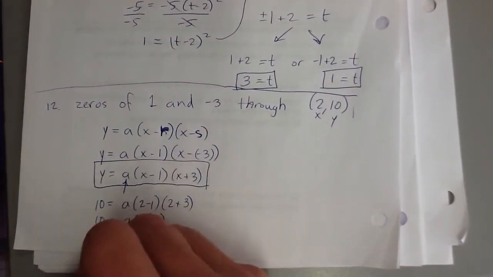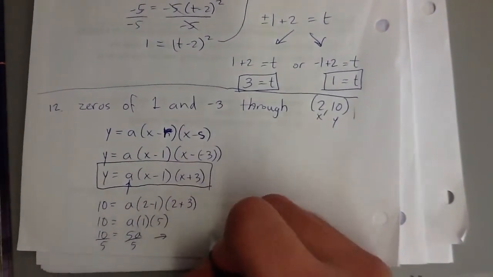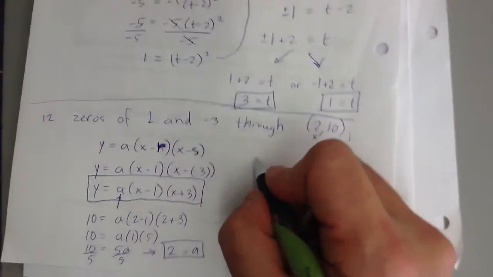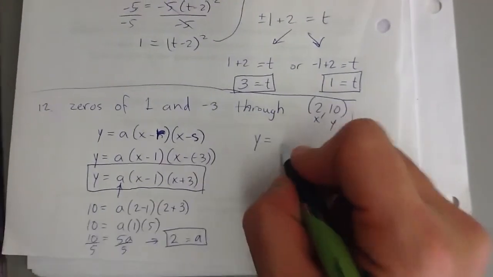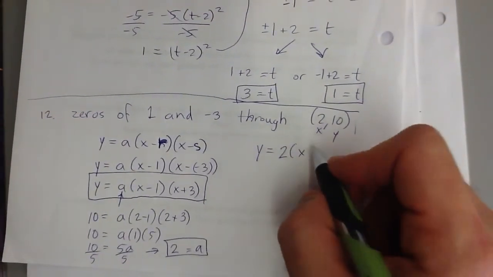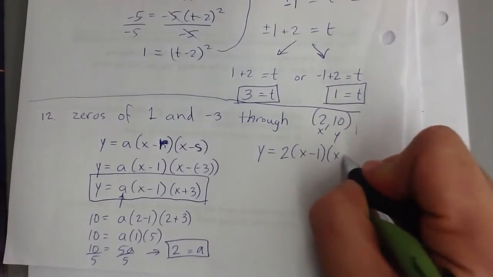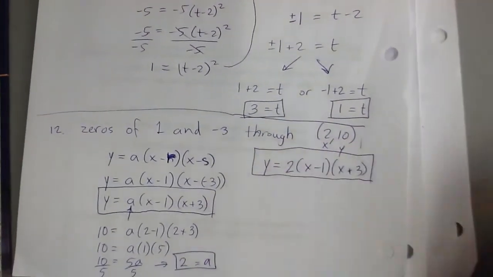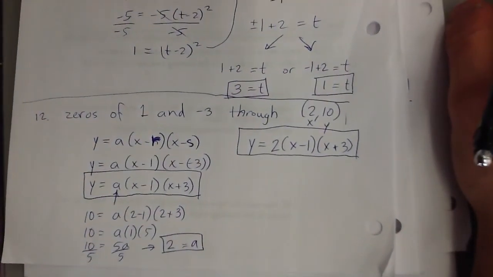Divide both sides by 5, and I get that a is equal to 2. So my equation is y equals 2, x minus 1, x plus 3. And this is my formula, not in vertex form, but in x-intercept form.